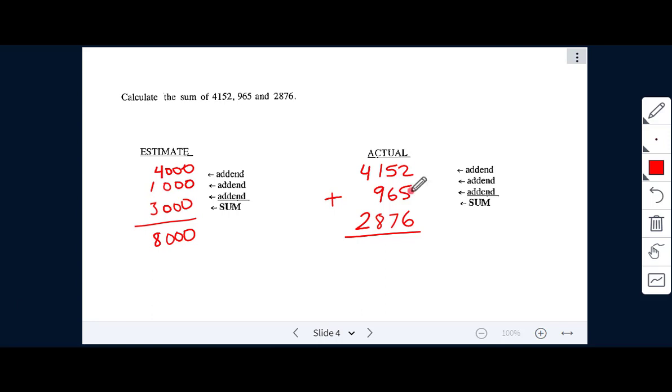So 2 plus 5 is 7, plus 6 is 13. 5 plus 6, 11, plus 7 is 18, plus the 1 is 19. 1 plus 9, 10, 18, 19, and then 2 plus 4 plus 1, 7. So 7,993.